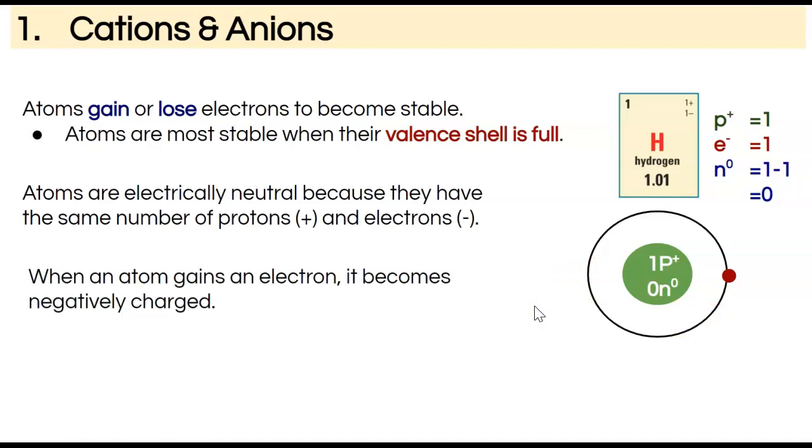And so when an atom gains an electron, we know that it becomes negatively charged. So at this point, I've added an electron because now this outer shell is full and this particular atom would be more stable. But as soon as I did that, I upset the balance of protons to electrons, right? I now have 1 extra negative charge compared to my positive charge, right?